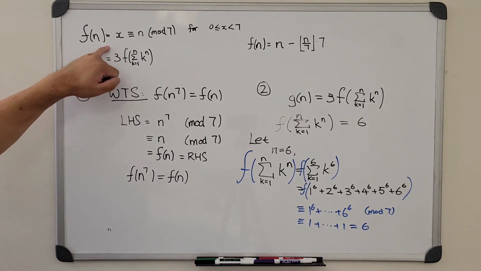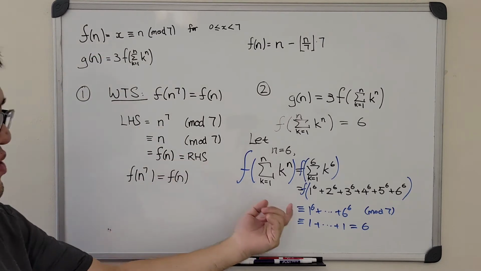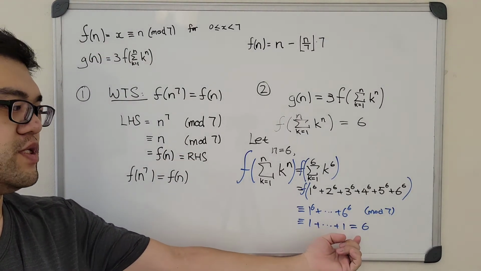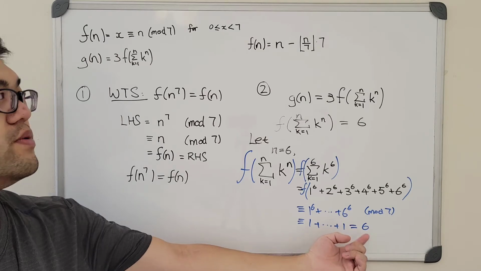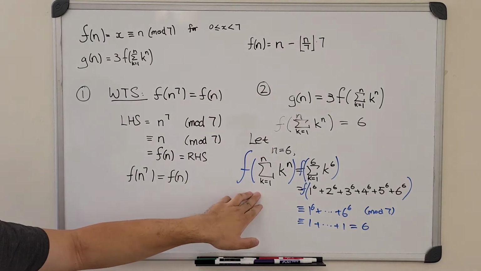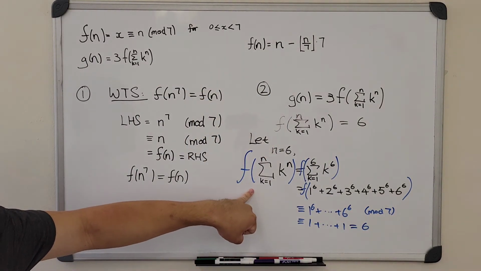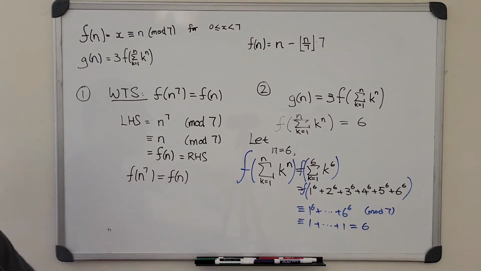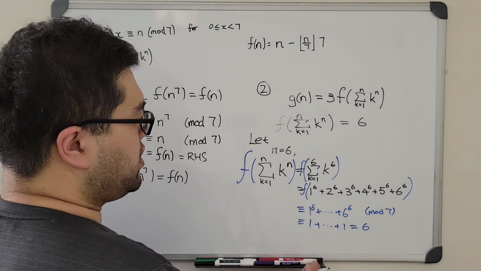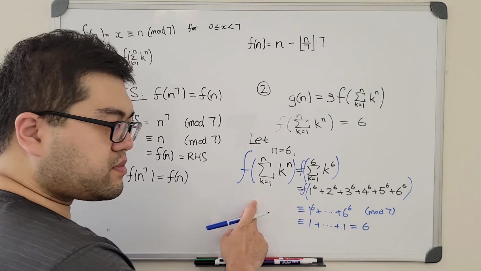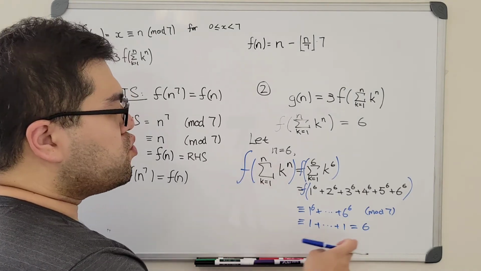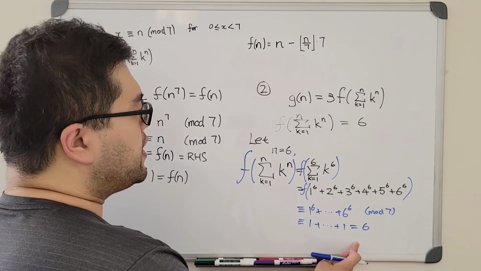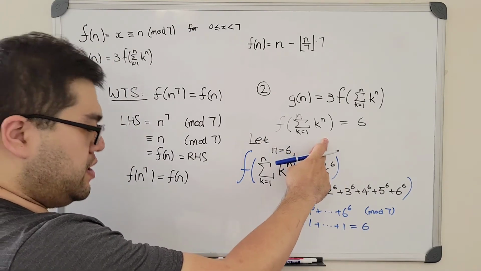And again, this is also how we define the function f of n, because we want the smallest non-negative value, or 0, to be our output. Good. So we just found that when n equals 6, this part, f of the big sum, will be equal to 6 as well. This is what we want to find.